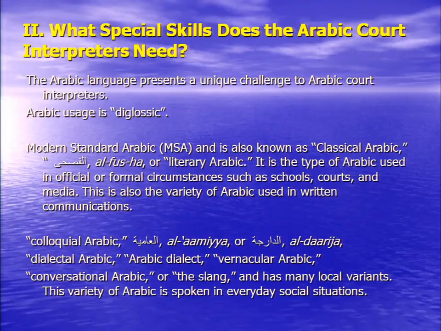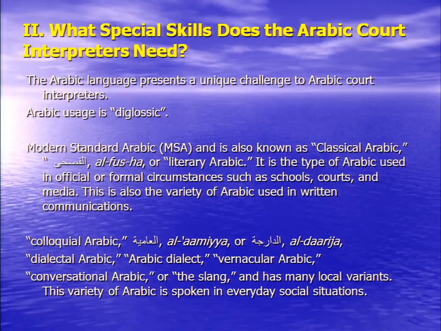So what are the skills that Arabic court interpreters need? Before talking about the skills, we need to talk about our language, Arabic. I don't know if all of you know that the Arabic language is a challenge in itself, because we don't mainly use one language. We do have a main language, called Modern Standard Arabic, and we do have different dialects, spoken Arabic languages in different regions, and I will show you that as well.